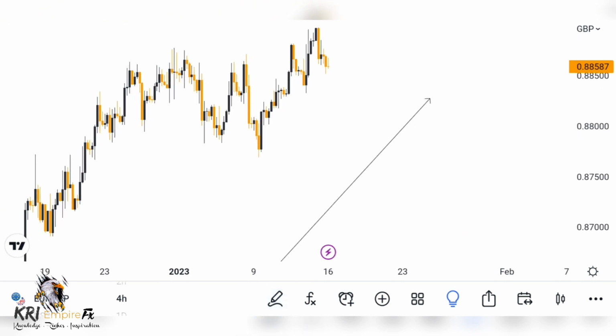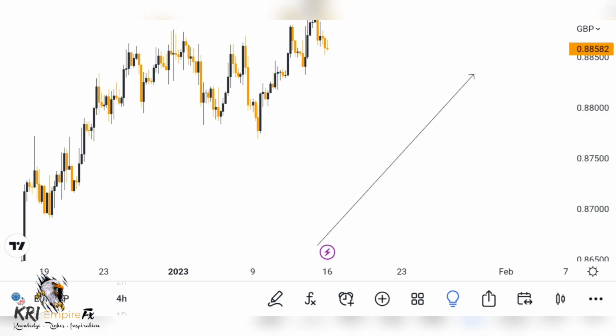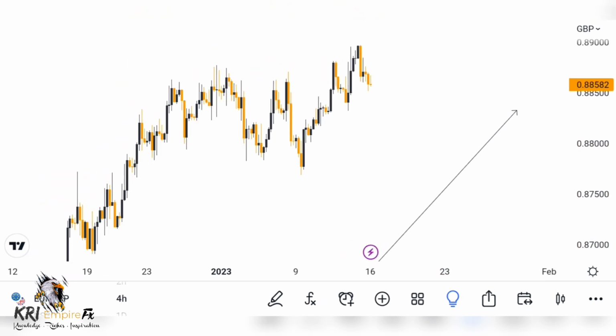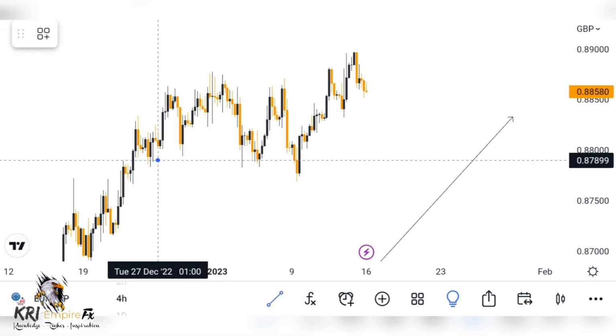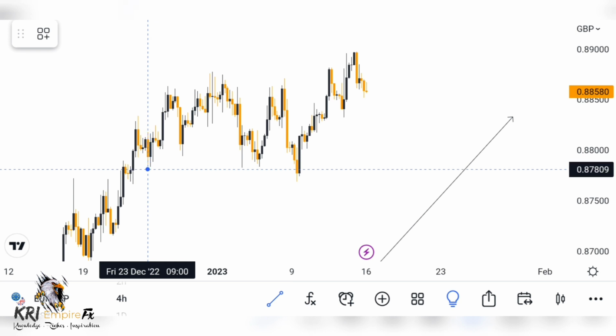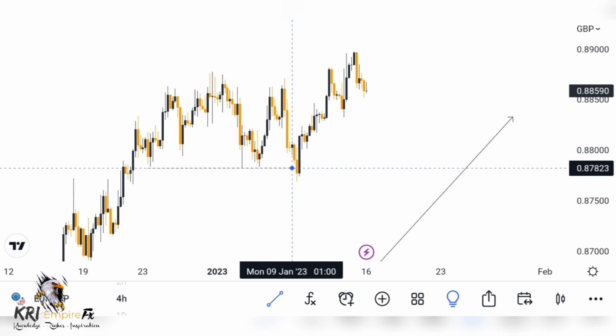All right, so this market is clearly on a bullish trend, and you can see right around this point the market did retrace, and it took out all this liquidity that was over here.